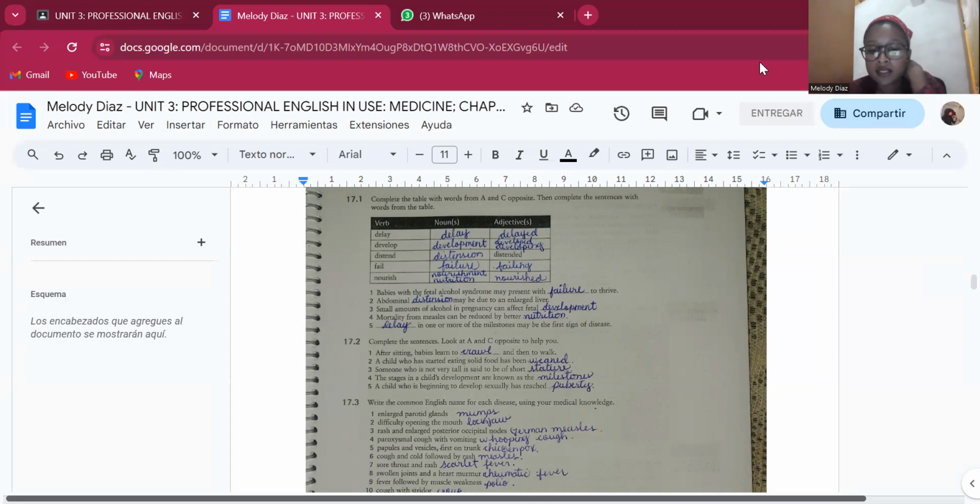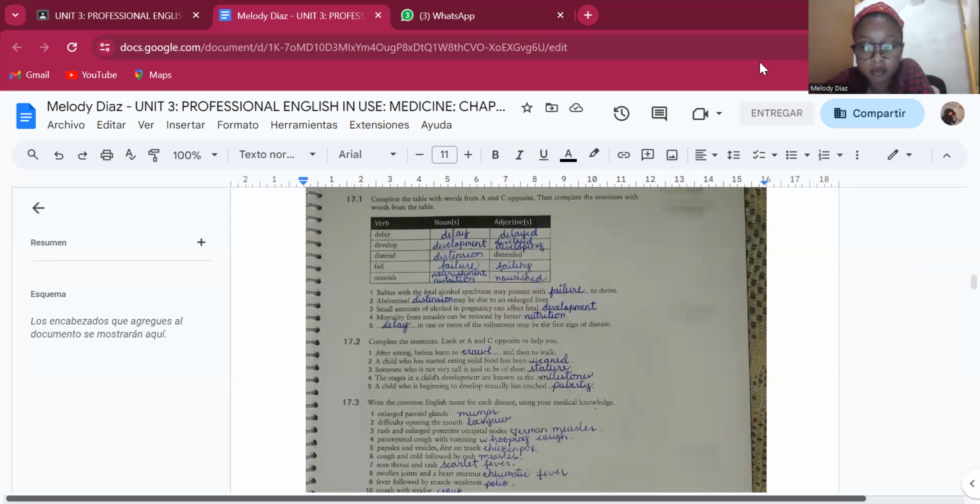Number 1, babies with fetal alcohol syndrome may present with failure to thrive. Number 2, abdominal distension may be due to an enlarged liver.